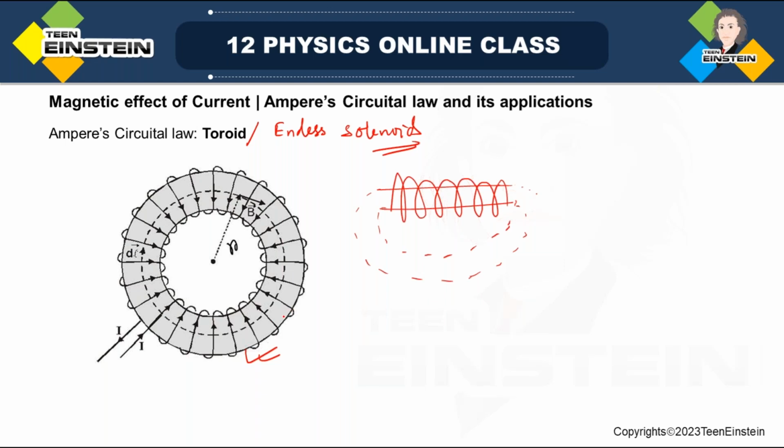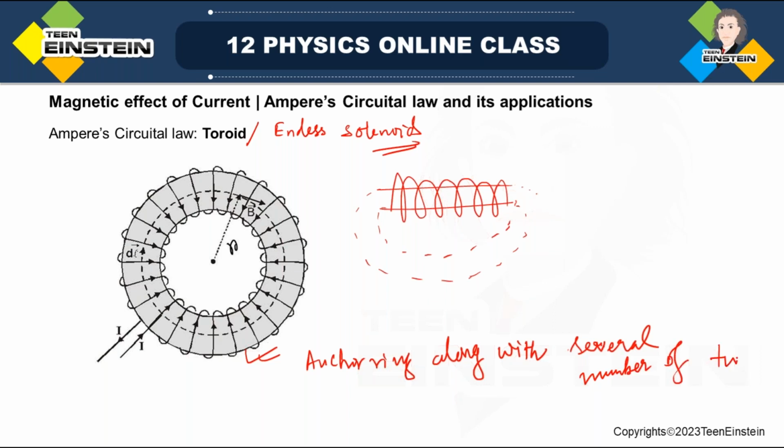This can be considered as an anchor ring, with several turns of conducting wire wound over it. The toroid is actually an anchor ring with a conducting wire wound over it.